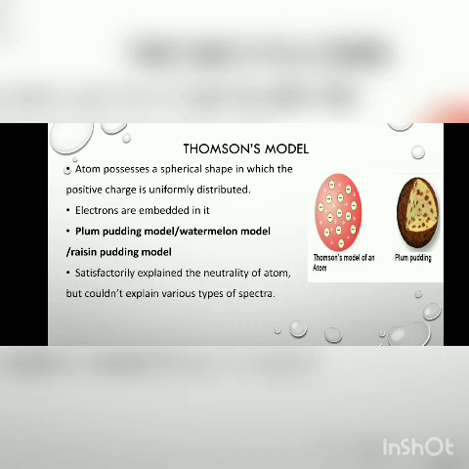Thomson's model could satisfactorily explain the neutrality of the atom, but it couldn't explain various types of spectra. To overcome these limitations, Rutherford came with a much more satisfactory model.